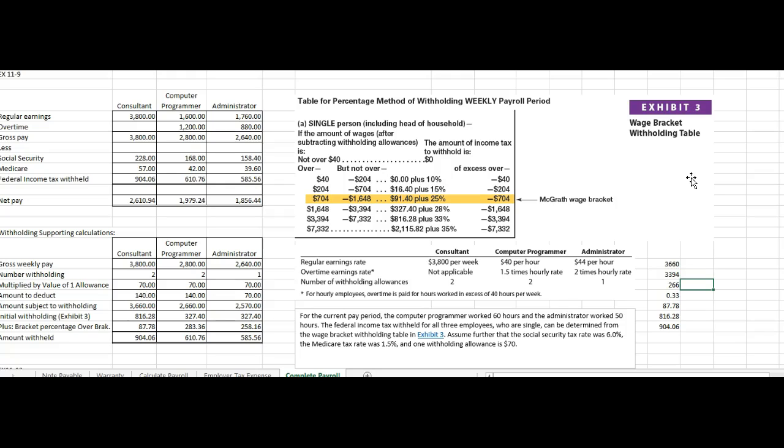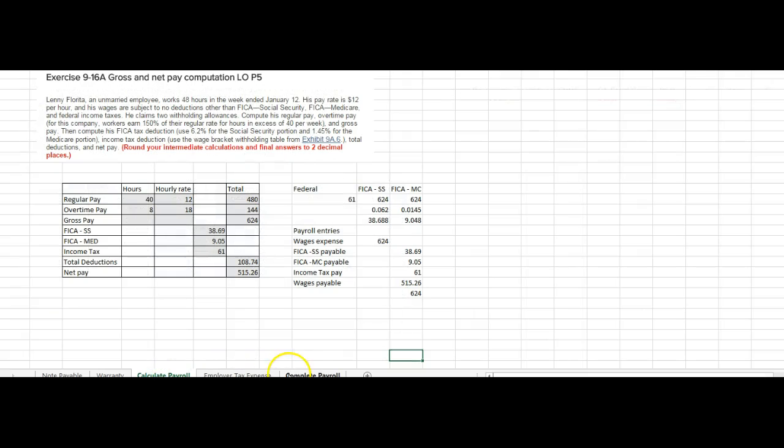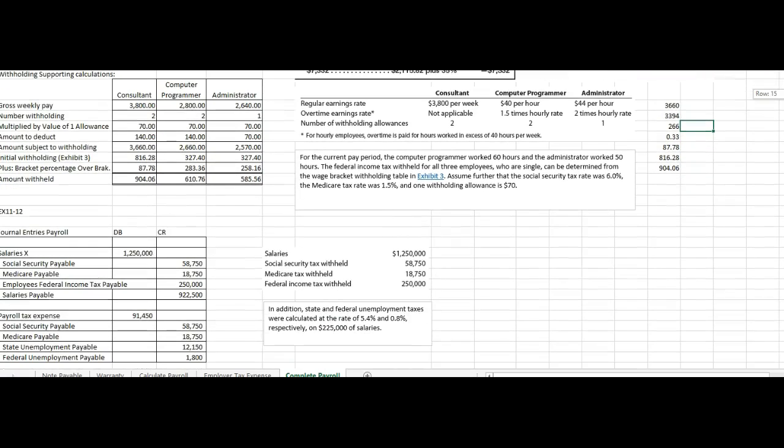What I would like for you to do is just think about the payroll tax expense and the calculation, and then look at it. And then also we'll get into the journal entries. I think they're all down here.